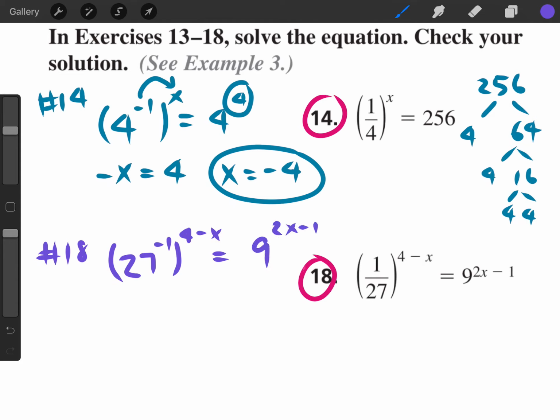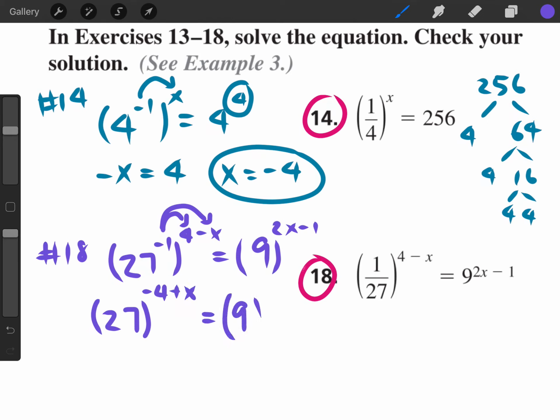This is what I'm going to do: I'm going to distribute the -1 to 4 minus x. So that'll be 27 to the -4 plus x equals 9 to the 2x minus 1.